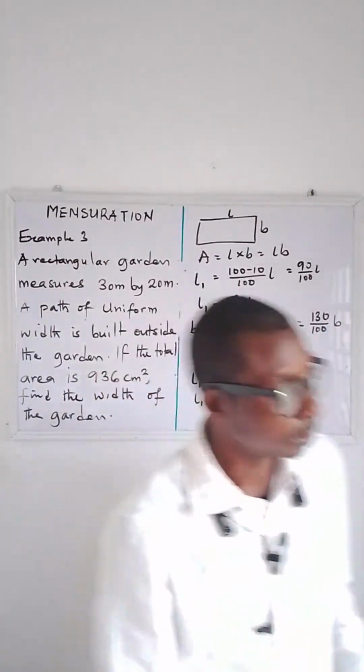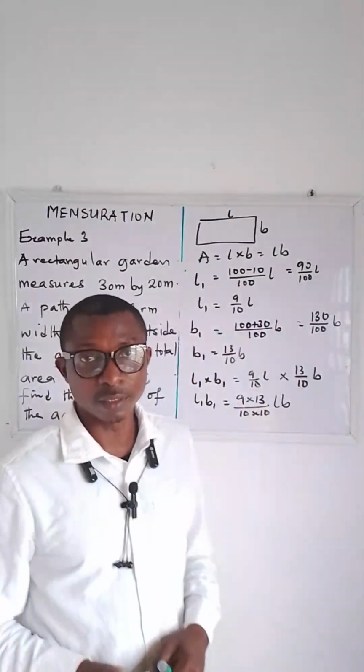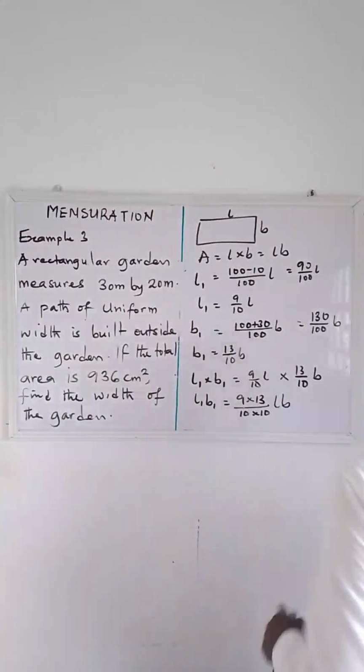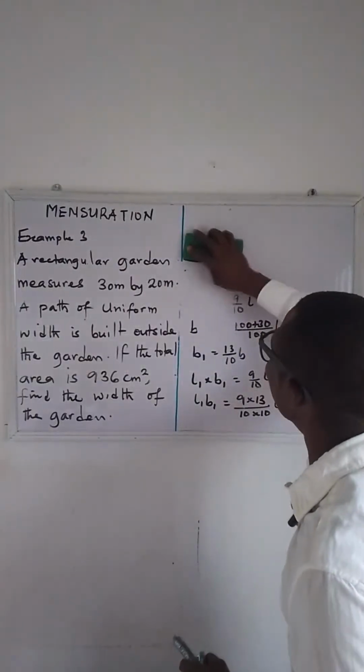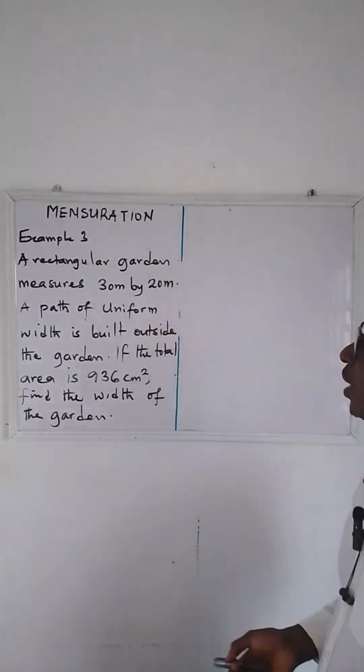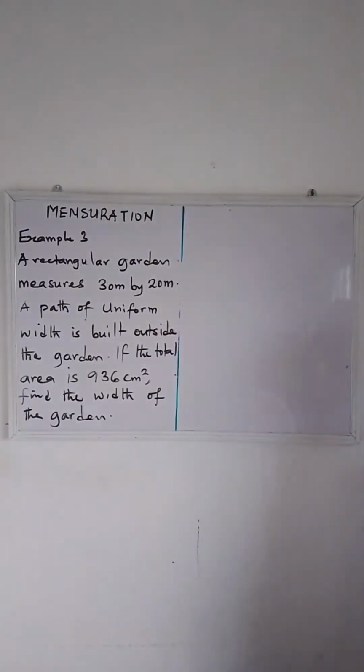All right, so that is the question on the board. So let's look at the question before we solve it. Before we solve the question, does it look like what we can do? Yes, a rectangular garden measures 30 meters by 20 meters. A path of uniform width is built outside the garden. All right, so if the total area is 936 centimeters square, find the width of the garden.